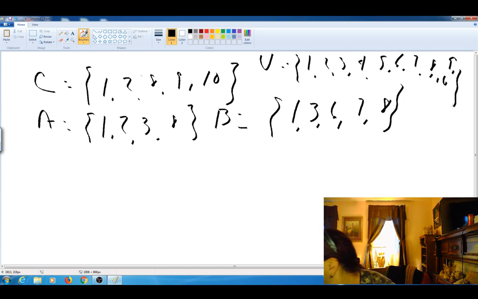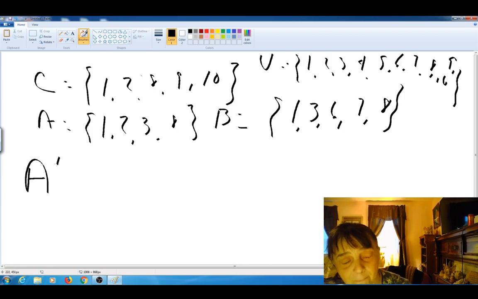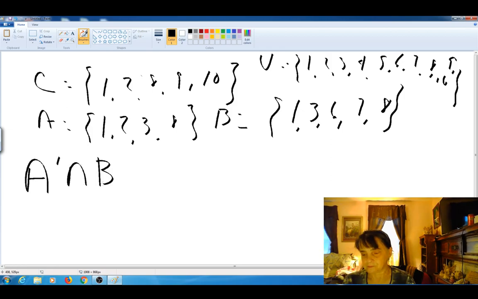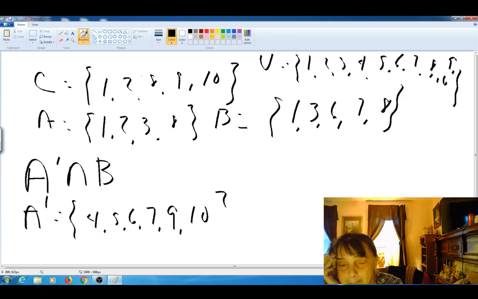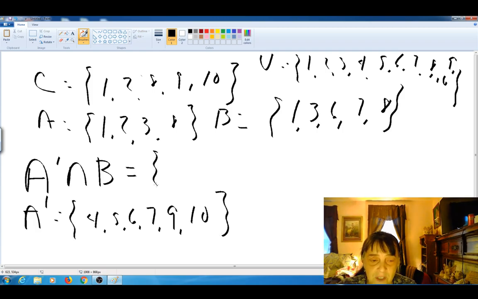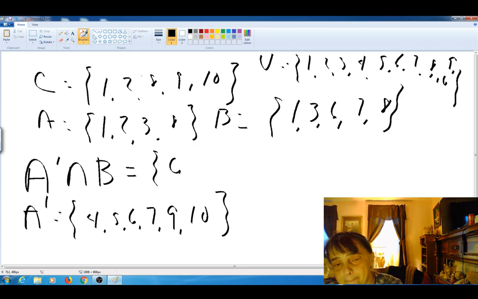So let's find A prime intersect B. A prime: if you take 1, 2, 3, 8 out of U, what will you have left? That will leave me with 4, 5, 6, 7, 9, 10. And what is that intersect B? B both has what? 6 and 7.